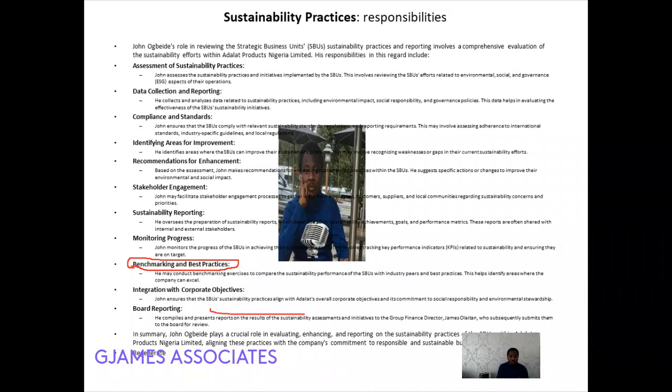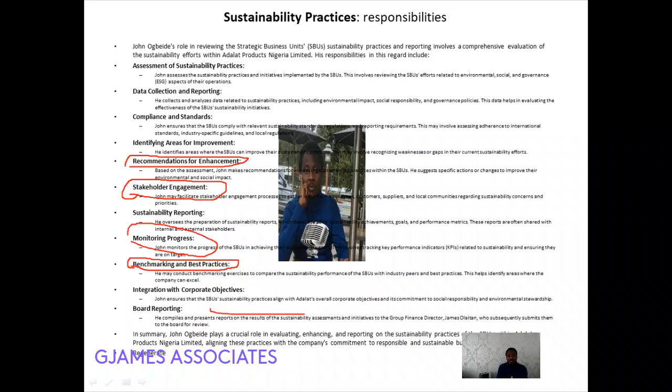We must monitor the progress. John must monitor the progress of the project. Stakeholders' engagement should come in before, after, and during the execution. Recommendation for enhancement if need be. I think I will need to wrap up.